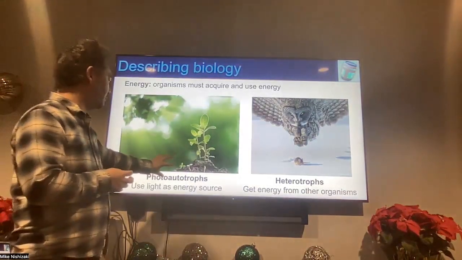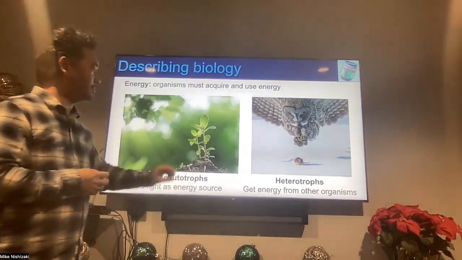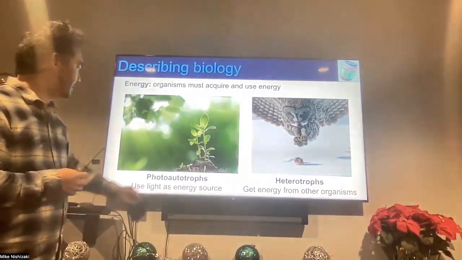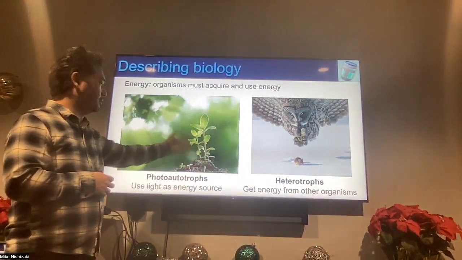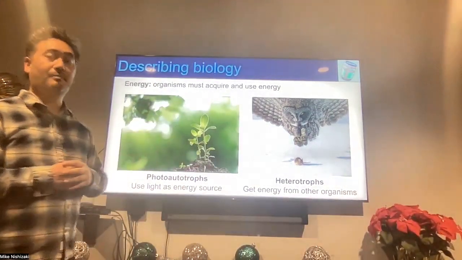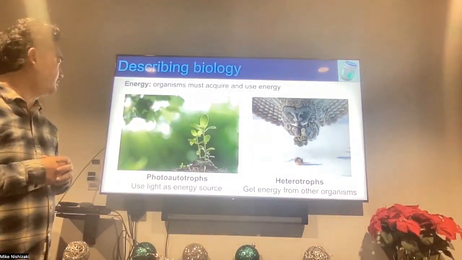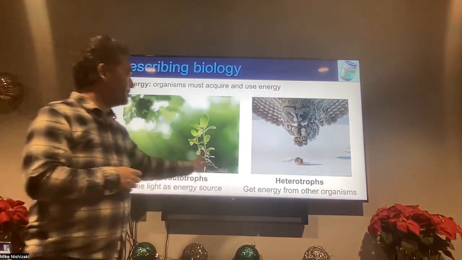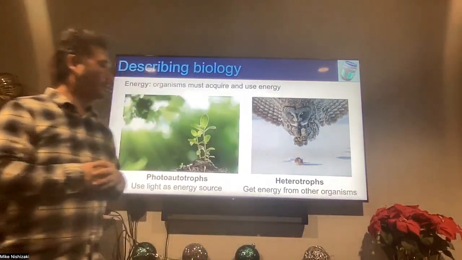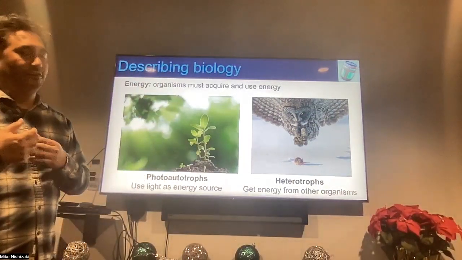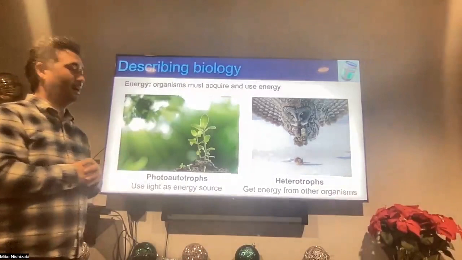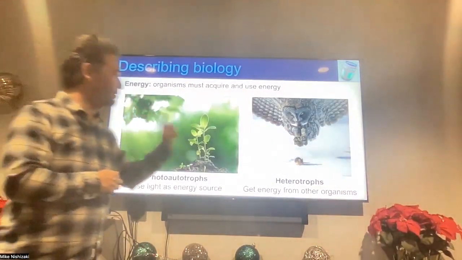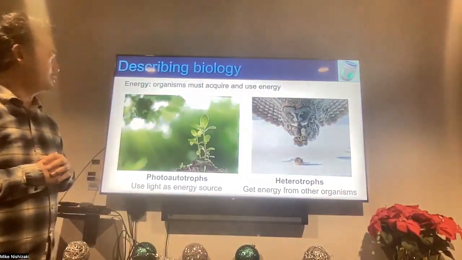Some of them are what we call autotrophs, and some of them are called heterotrophs. So something like a photoautotroph are plants that get their energy from the sun, and then they can do photosynthesis, and we will talk about that at great length. And then other organisms are heterotrophs, and so they're getting their energy from consuming other organisms, and we will talk about those organisms a bunch.